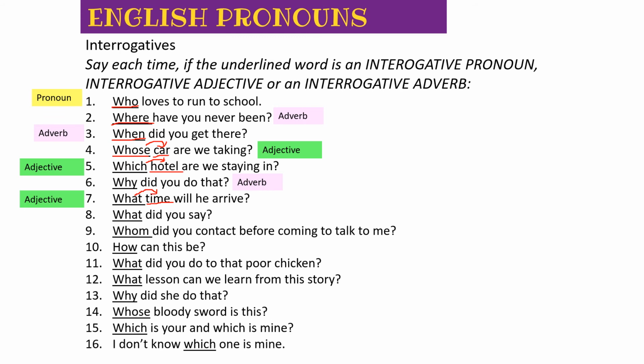Number eight is a pronoun. What, when it's on its own, is a pronoun. Did is an action, not a noun, so it's not describing a noun, and it is replacing the thing that was said, which is a noun. Okay, I'm going to stop there and go to the next slide.